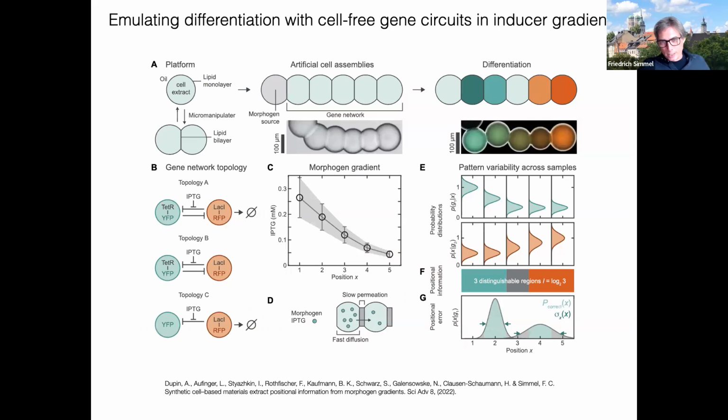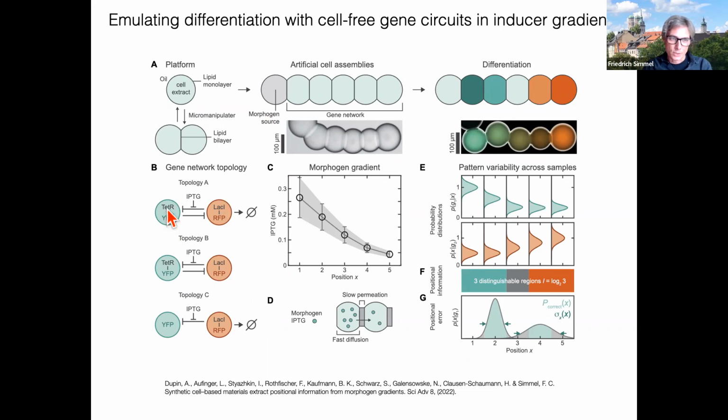And rather than using this complicated network from Drosophila, we used a much simpler network and put it in one of these multicellular systems created from droplet interface bilayer droplets. So here are three different topologies, or actually they are all very similar, three different circuits that we investigated.